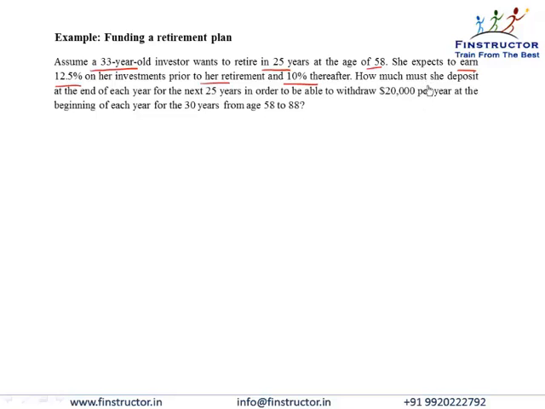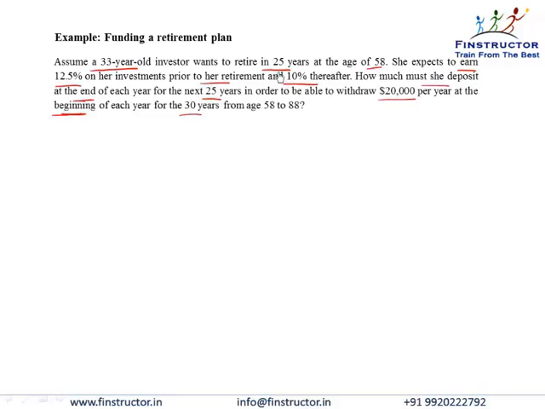How much must she deposit at the end of each of the next 25 years so as to be able to withdraw $20,000 every year at the beginning of each year for the 30 years in her retirement, from the age 58 to 88? So interesting question.